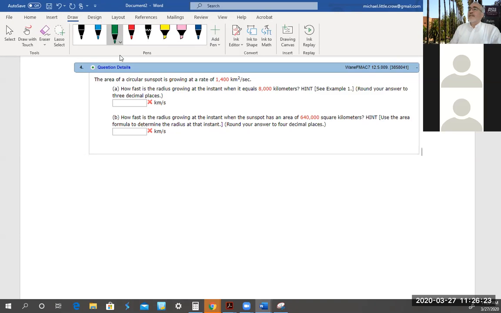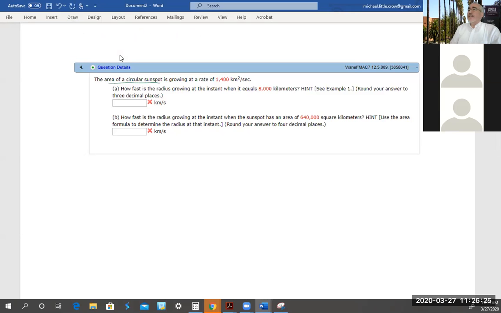Okay, so we've got the area of a circular sunspot. This one, they don't give us the formula, so we are going to have to remember that the area is equal to pi r squared. That's the relationship between area and the radius. How fast is the radius growing at the instant when it equals 8,000 kilometers?